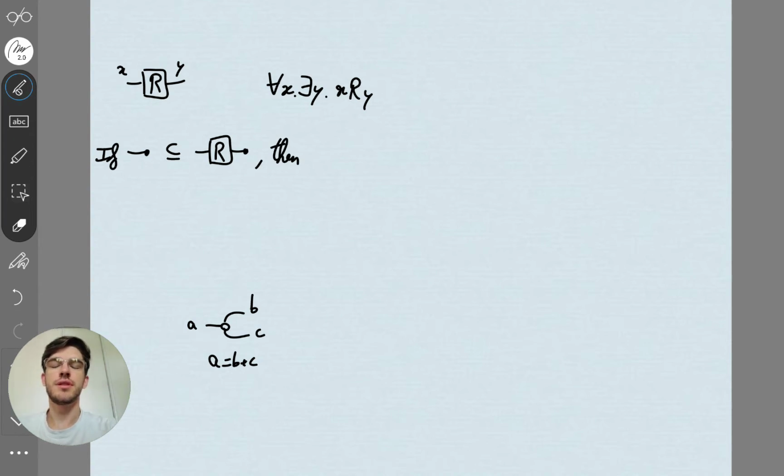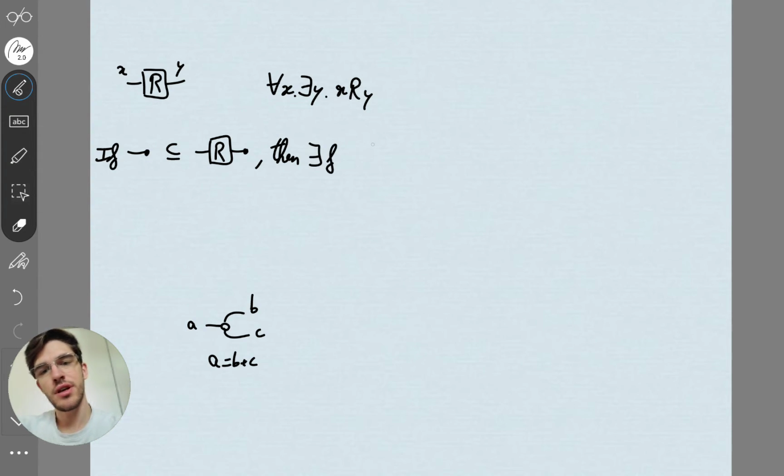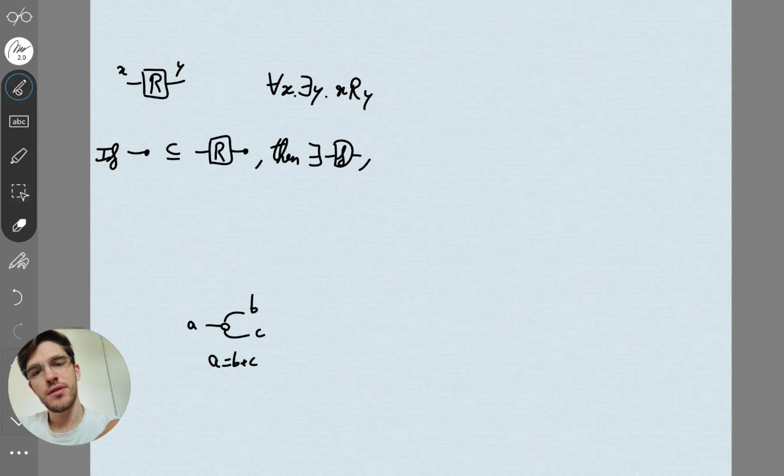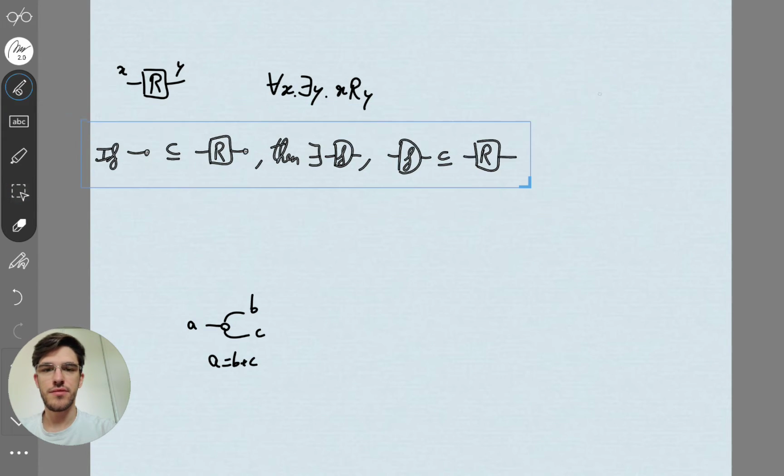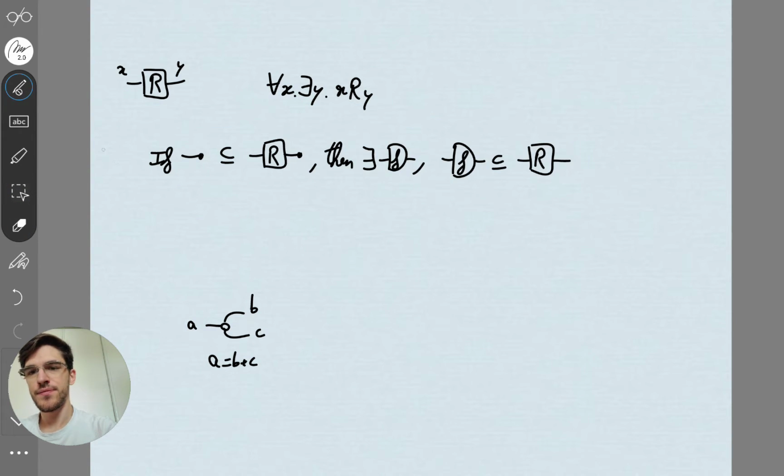What I want is to turn this into a function. So I want to find the function f such that f is included in R. So this may or may not be true. Theorem, maybe? Who knows?